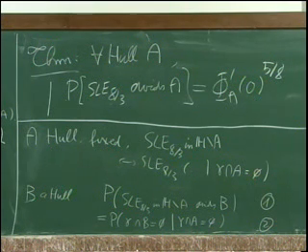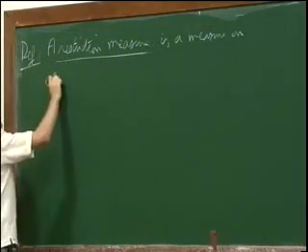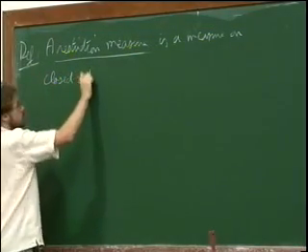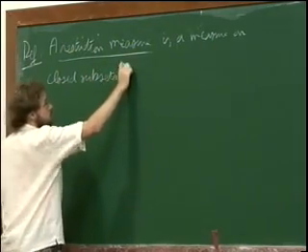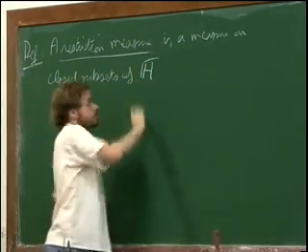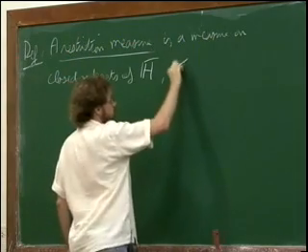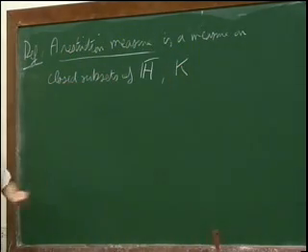A restriction measure is a measure on, let's say, closed subsets of H bar, which I will denote by K. So not K like compact, but K like closed.